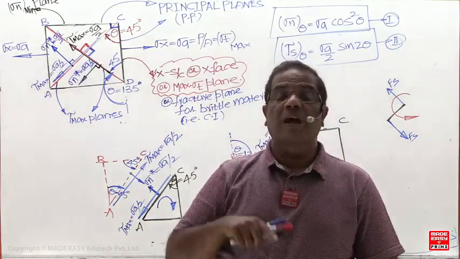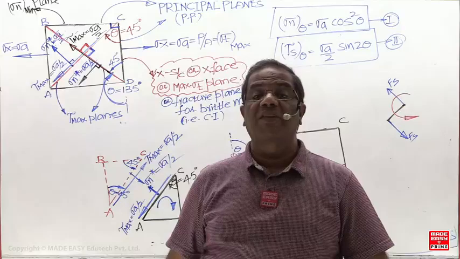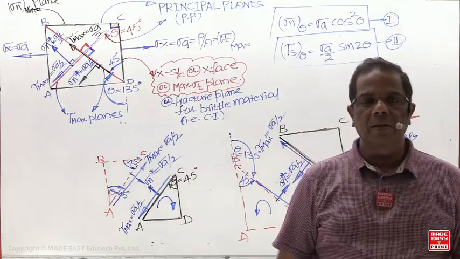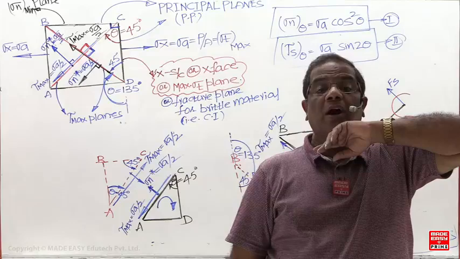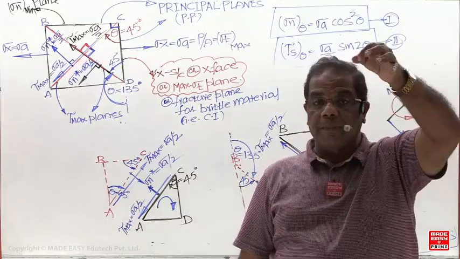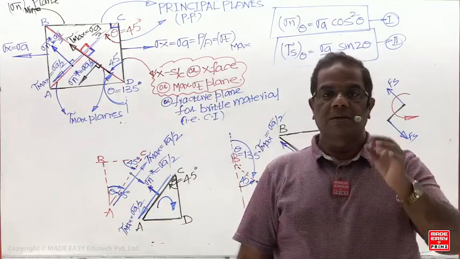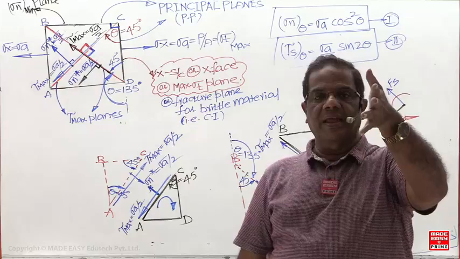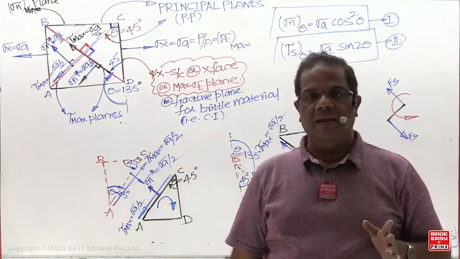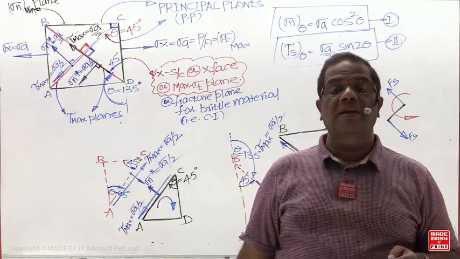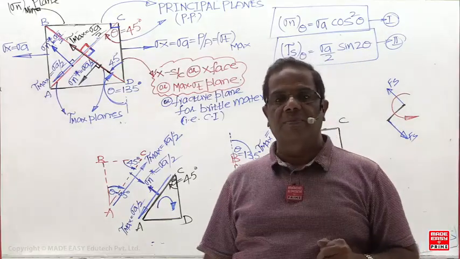Infinite planes. Out of the infinite planes, only on the principal plane is there only one stress, and shear stress is always 0. On the remaining planes, both normal and shear will be there.